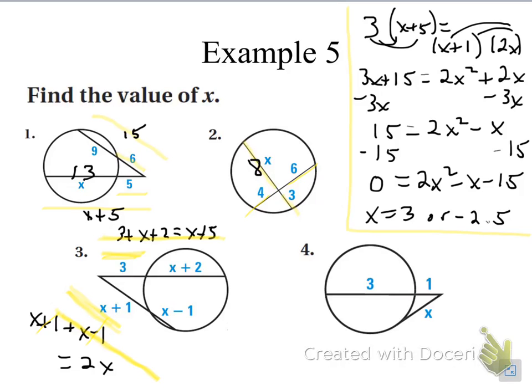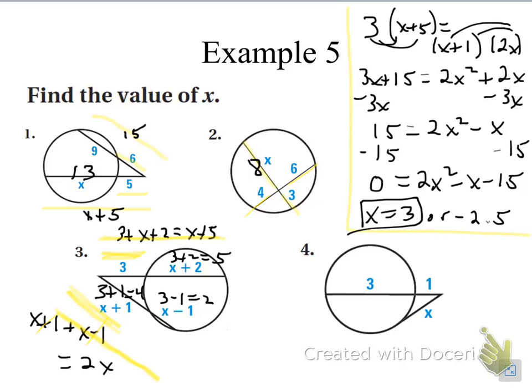So let's try them in the formulas here. If you put 3, I'm going to try 3. 3 plus 1 is 4. 3 minus 1 is 2. So far, so good. And 3 plus 2 is 5. So definitely 3 works. The negative 2.5 may be trickier.